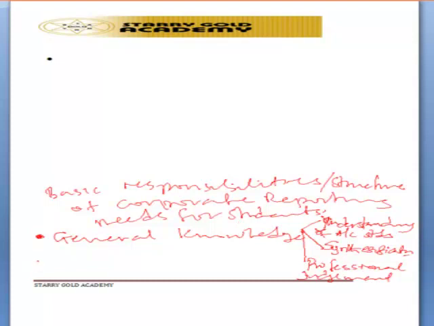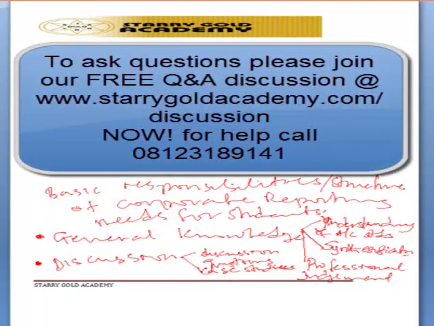Then another thing you must bear in mind is what we call discussion. In corporate reporting, you are going to be faced with discussive questions, and your discussive questions will emanate from case studies. Basically, they are case studies of challenges being faced by entities in the corporate world.